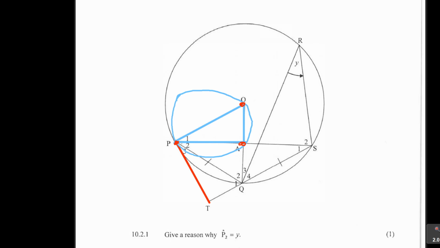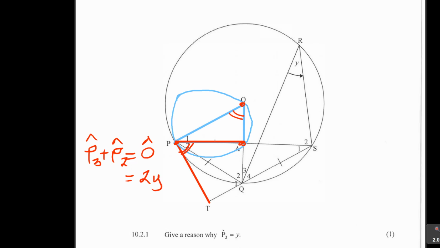Now I said whenever you're talking about the tan chord, remember my line of interest is this one. The moment I do that, I will say this particular angle, which in this case will be P2 plus P3, P3 plus P2, this angle that is formed, is equal to that particular angle, which is equal to angle O. Now let's find out what is our angle O. Remember we said our angle O was 2y in the previous question.